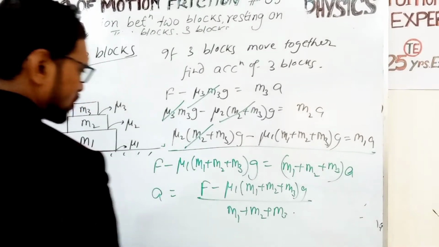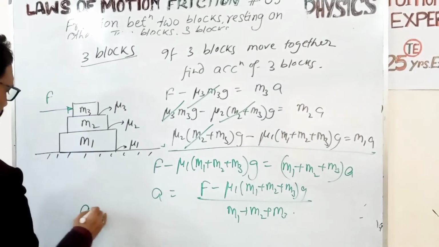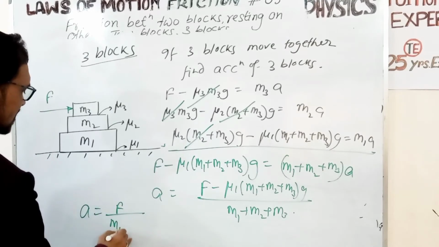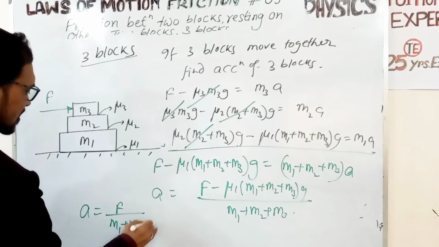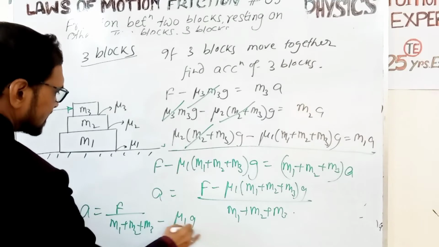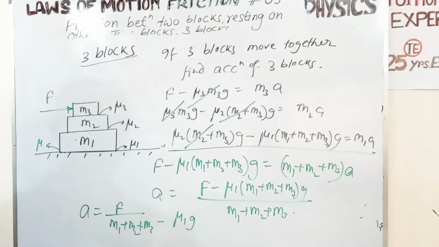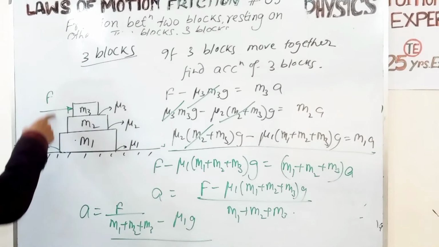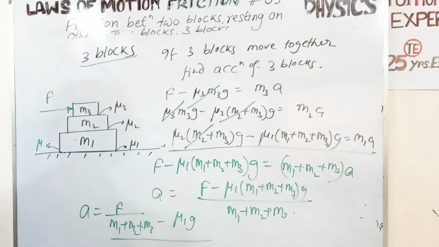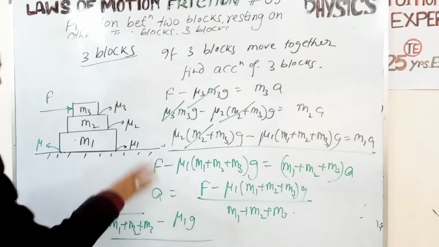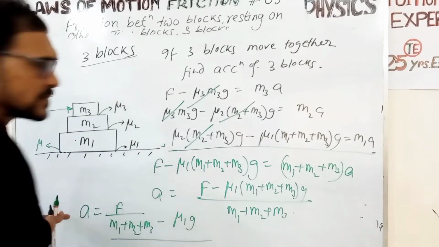Now acceleration equals F by total mass minus mu1 G. So mu1 acts between the block and the ground, mu1 G. This is the answer. Now if the force F is applied on M2 or M1, then the result will also be the same. So remember this case.